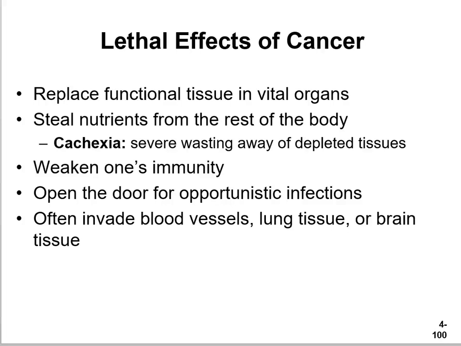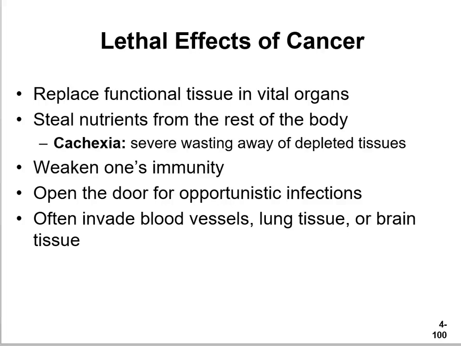Malignant tumors replace functional tissue in the vital organs, and they steal nutrients from the rest of the body, sometimes causing a severe wasting away called cachexia. They weaken one's immunity, and they open the door to other opportunistic infections that a healthier person could usually ward off. They often invade blood vessels, lung tissue, and brain tissue, with consequences like hemorrhage, pulmonary collapse, seizures, and coma.